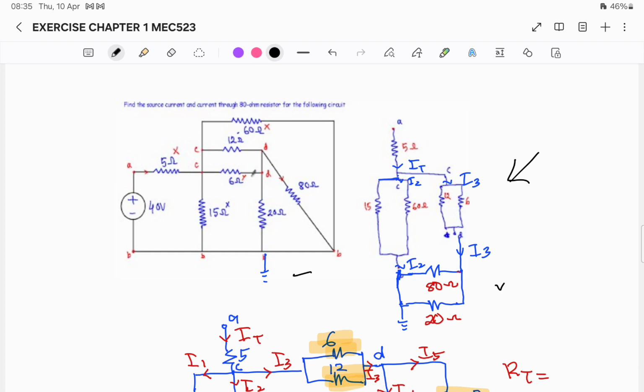Mana pergi? Aduh, hai. Semester ni banyak betul kelas yang TV dia problem. Baik. Okay. Apa pula tu? Okay. Alright.